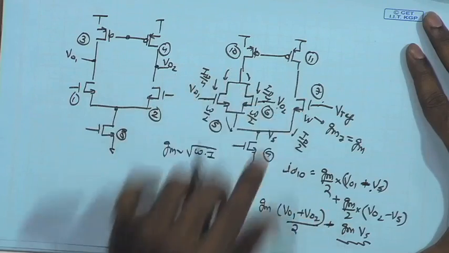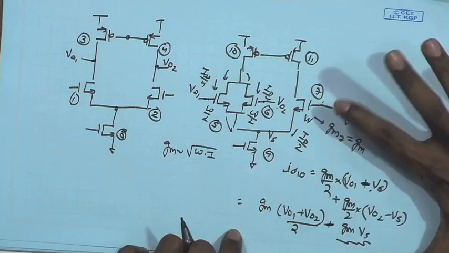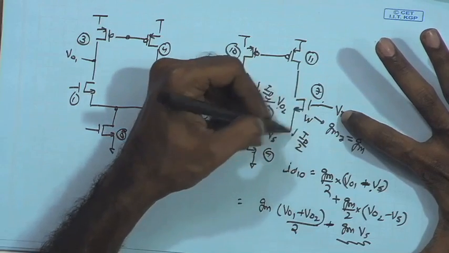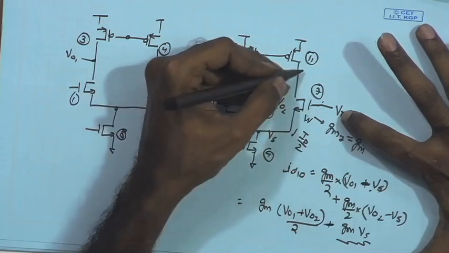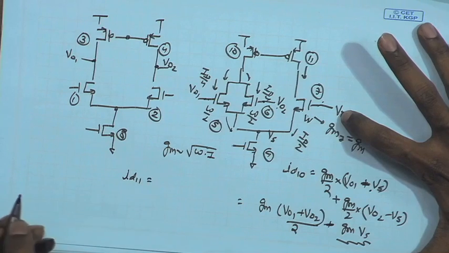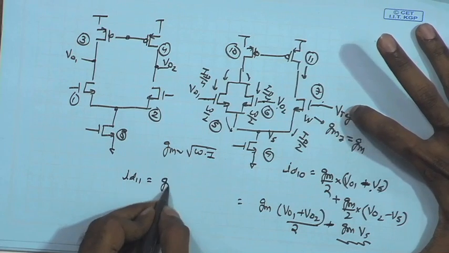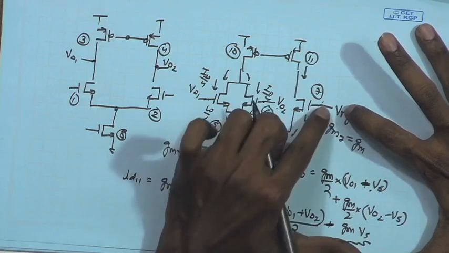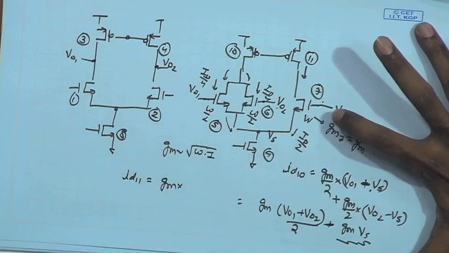Likewise, on the other side, this is a DC potential, this is Vref, which is a constant DC. As a result, there is no AC signal over here. So, what is the small signal current for ID11? If I write the same thing for ID11, that is going to be GM times VGS. So, VG of this is 0 because the small signal value is 0.